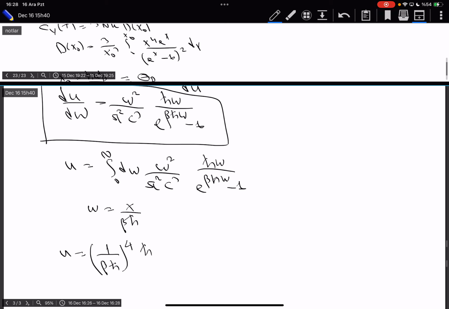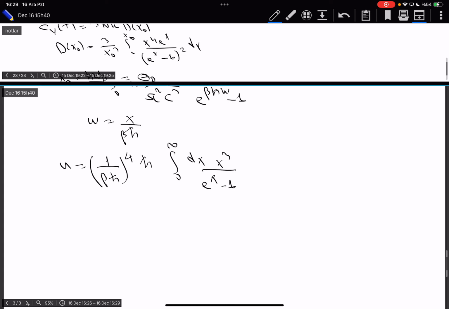There's an h bar from the h bar omega inside the integral. I have the integral from 0 to infinity of dx x cubed divided by e to the x minus 1. So effectively, u is proportional to T to the 4 because of 1 over beta to the 4. The proportionality constant just depends on h bar, pi, and that integral over there. That integral is just a number.